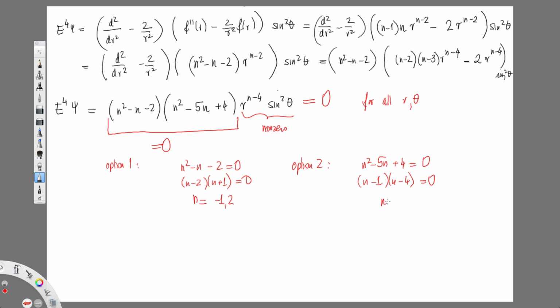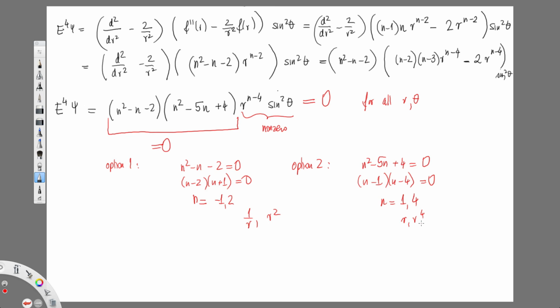So my n is either 1 or 4. So the functions that work are 1 over r, r, r squared, and r to the 4. Or at least those are the functions that satisfy this differential operator being equal to 0.